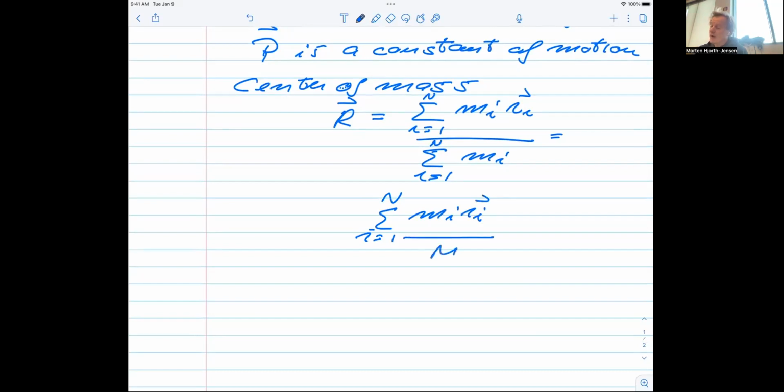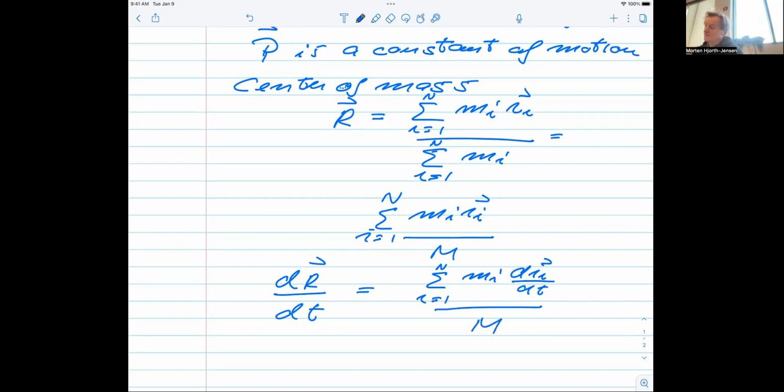So this is equal to M. If I take the derivative with respect to time, and we assume that the masses are constant, so they don't change as a function of time, then this is nothing but the sum from i equal to 1 up to n of m_i dr_i/dt divided by the total mass.